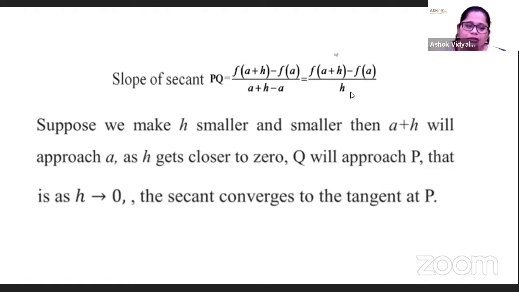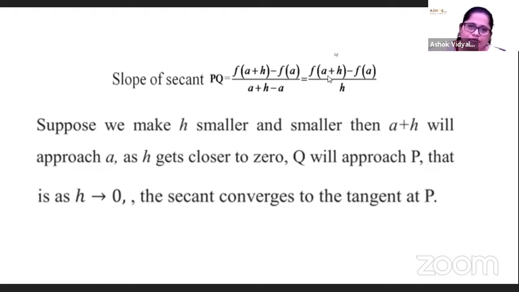We use the two-point form formula for this slope. See, the slope of secant PQ is y2 minus y1 upon x2 minus x1. Hence, f of a plus h minus f of a upon a plus h minus a.